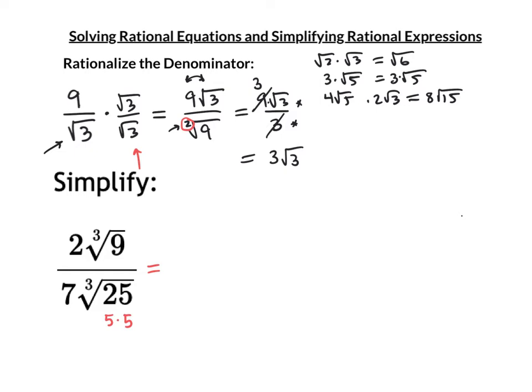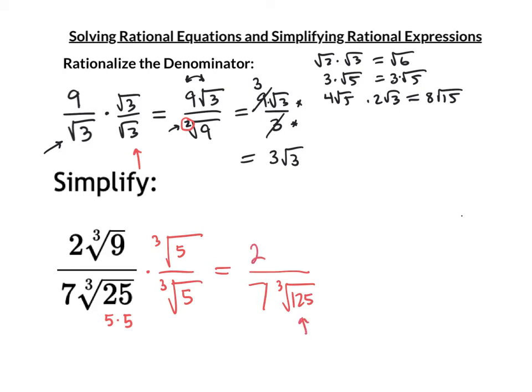We need one more 5 to make a perfect cube, which means what we're going to do is multiply by 1. It's going to be the cube root of 5 over the cube root of 5. What that will do is in the denominator, create a perfect cube. 7 times the cube root of 125. That's something I can do. I can get rid of that root now below.